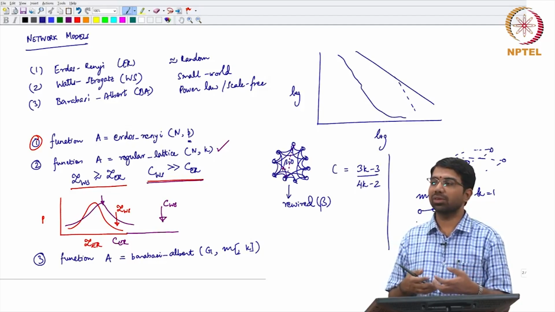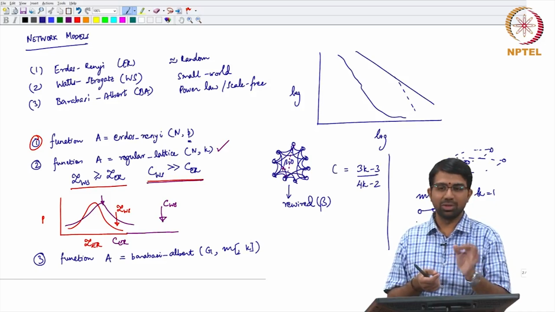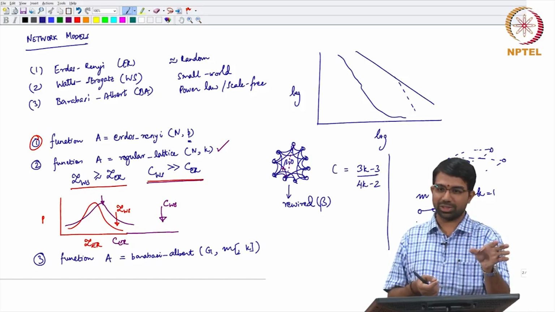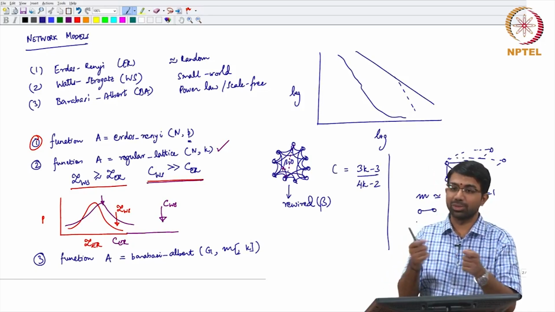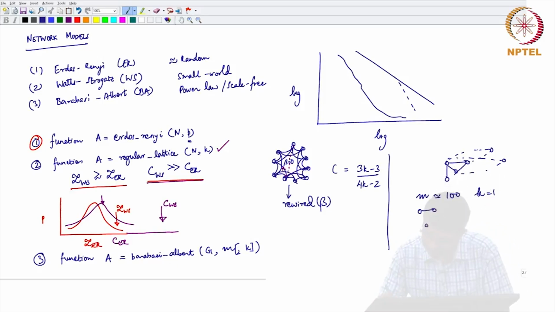You will find that there is no way triangles can be created, because for a triangle to be created you need one node to make at least two edges, and they should also connect to two nodes which are already neighbors. So, if I just add one node like this, I am going to make some chains, but on the other hand if I were to add two nodes, I make a few triangles.